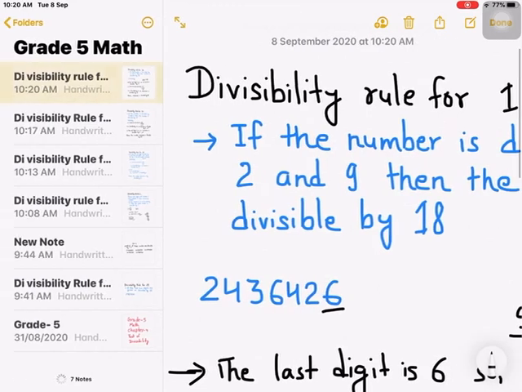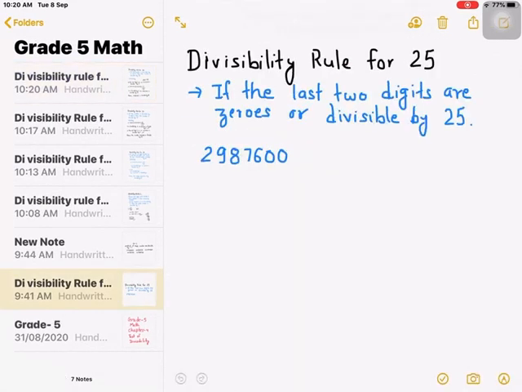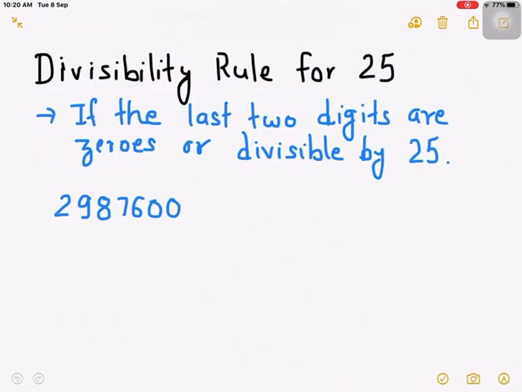Now let us go for another rule, that is the rule for 25. What is the rule for 25? If the last two digits are zeros or divisible by 25. See, you can see here the last two digits are 0, so it is divisible by 25.